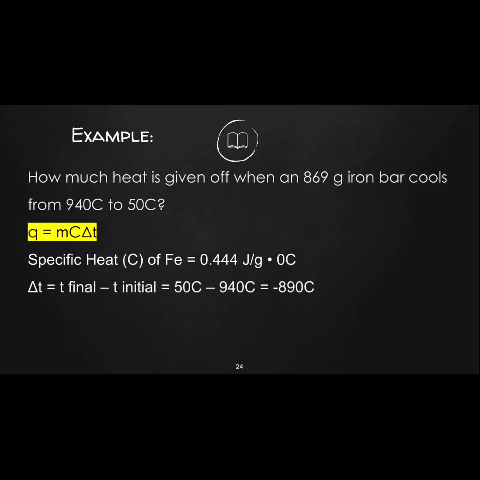Mass is what's given in the question, and our change in temperature is our final temperature, 50, minus the initial temperature, which is 940, so I would get negative 890. When I multiply all of those things together, I would get my answer. So Q is negative 34,000 joules. That's how much heat energy would be given off.